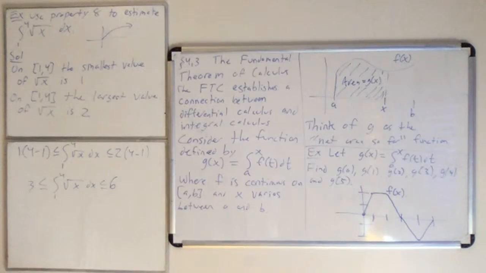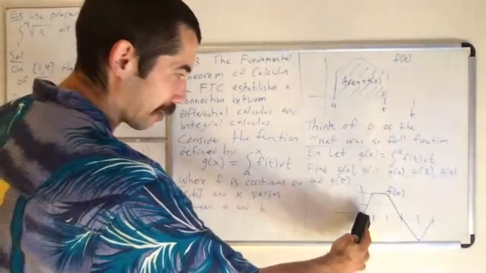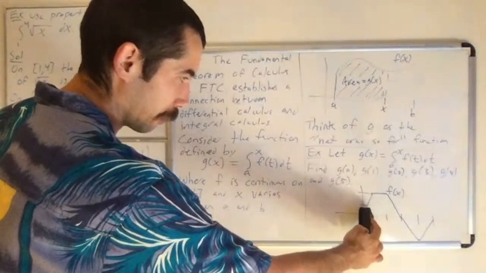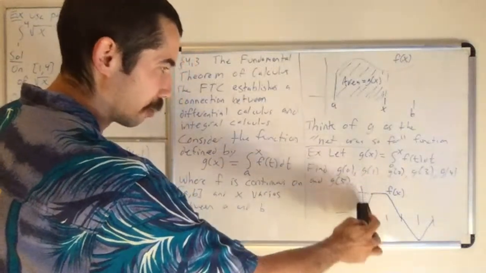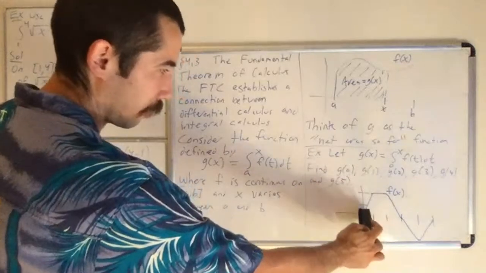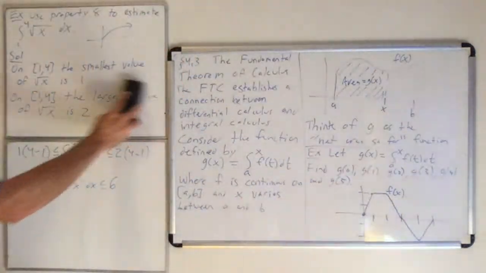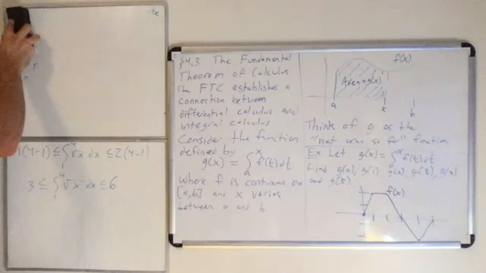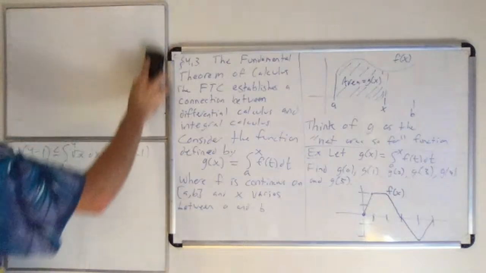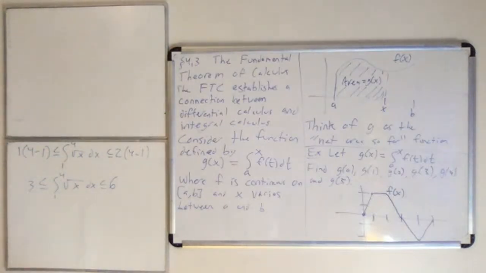I'll give you a minute to think about this. Basically, we want to figure out the area under the curve from 0 to 0, which gives us g of 0, then from 0 to 1, from 0 to 2, and so forth. I'll redraw the function over here because we're going to use it for our answer.